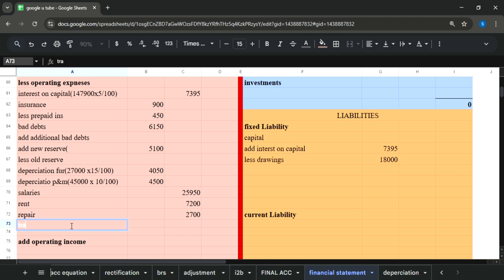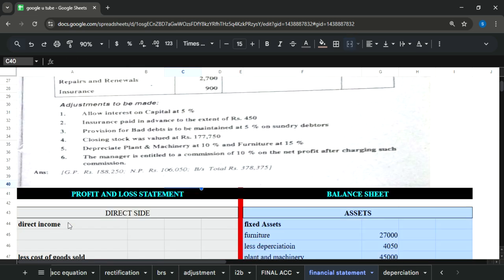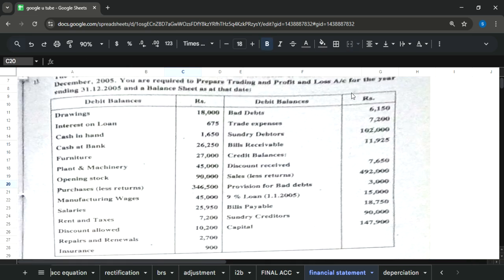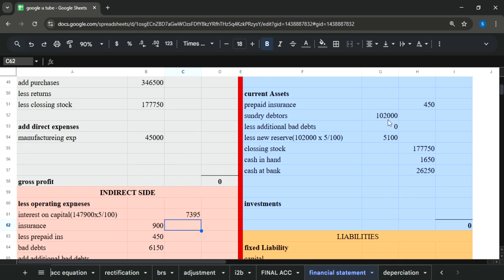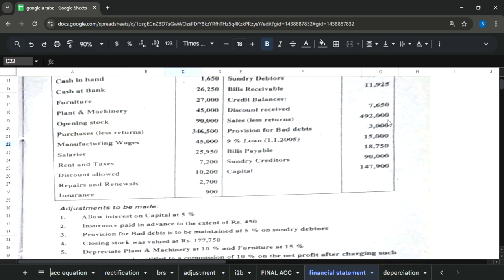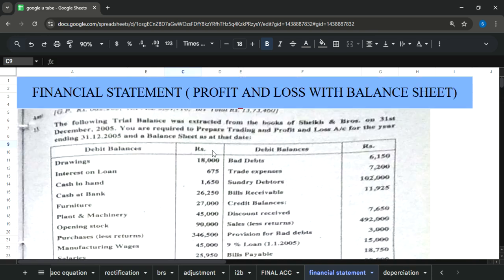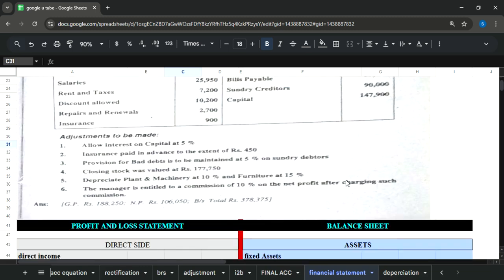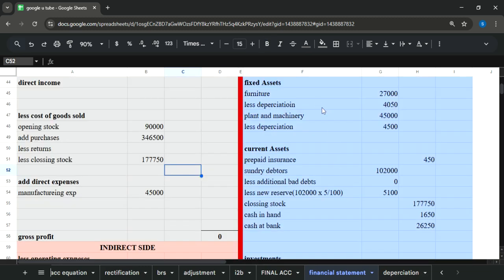So trade expense, let's see how much the amount is, that is 7200. So here you will write the required amount. Rent was also 7200, and the amount of trade expenses also. Sundry debtors 102,000 already mentioned, and this is 102,000.